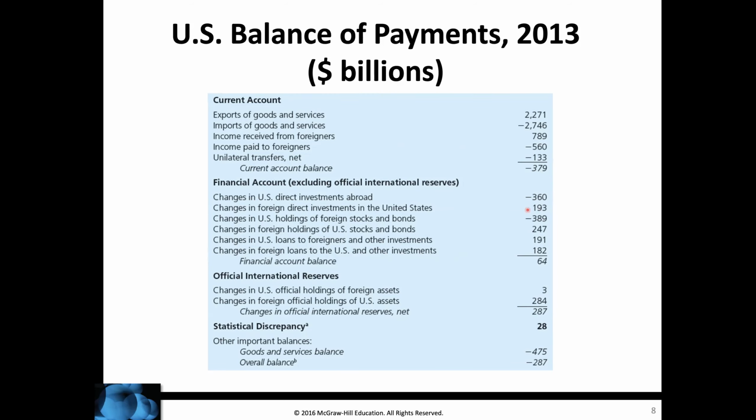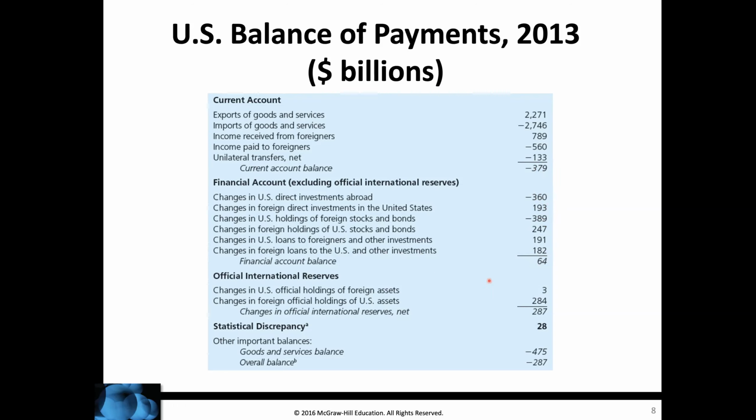So remember, positive means funds are flowing in, negative means funds are flowing out. So there were more funds flowing out in US direct investment abroad, more funds flowing out in US holdings of foreign stocks and bonds. But on the financial account balance, that was positive. So that was a net inflow. Current account balance is a net outflow.